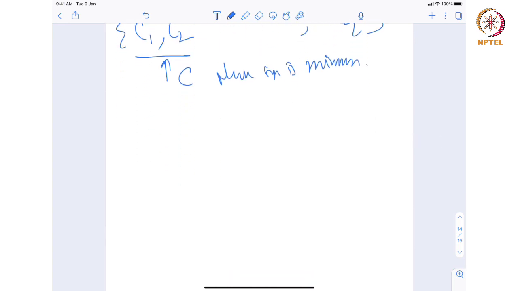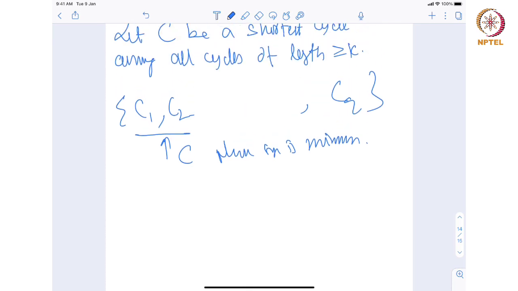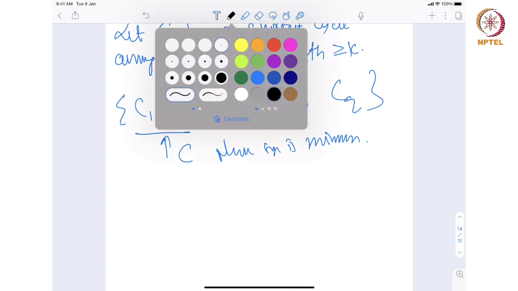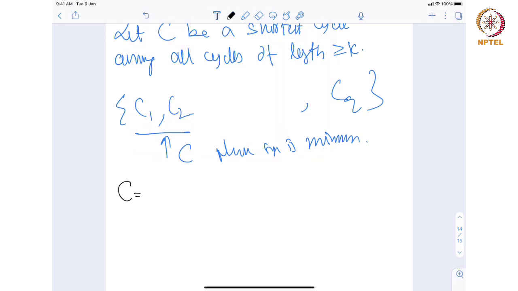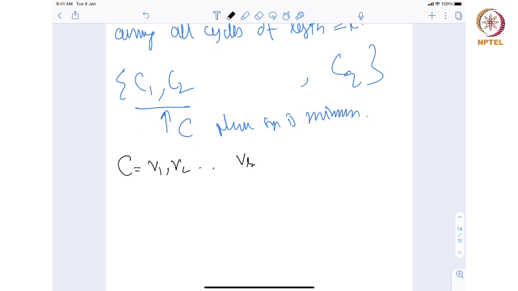Let's write down the vertices of this cycle. Suppose C is V1, V2, up to Vr.